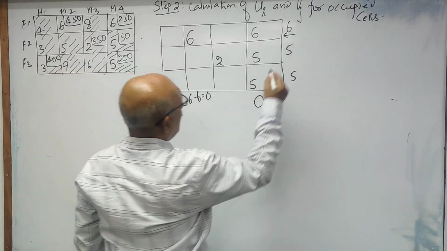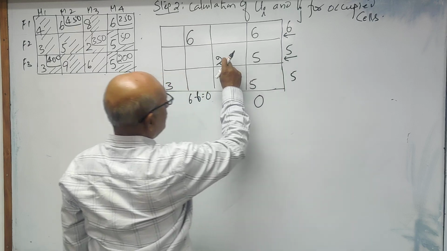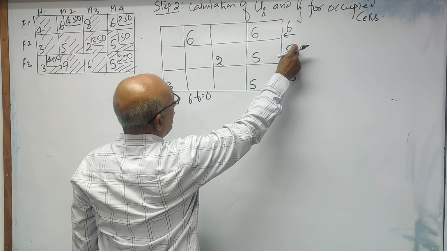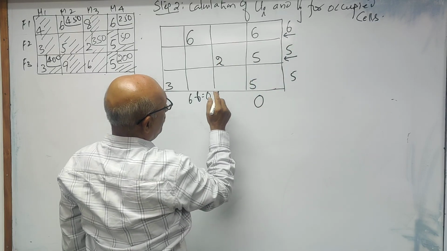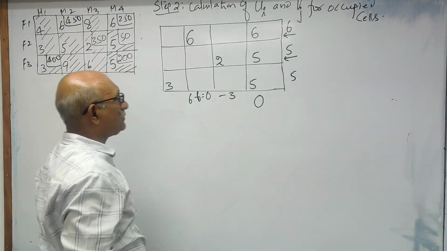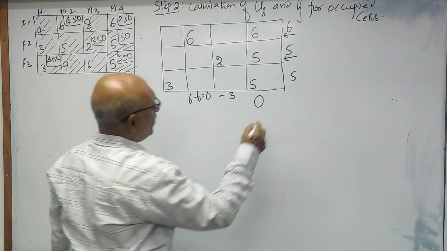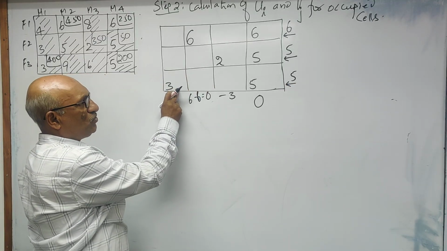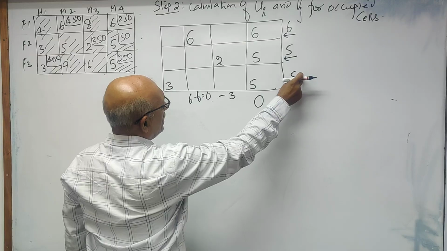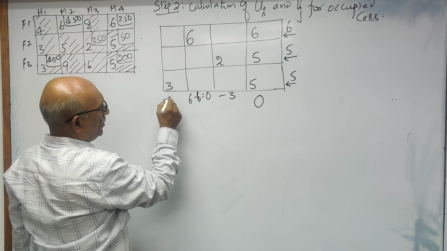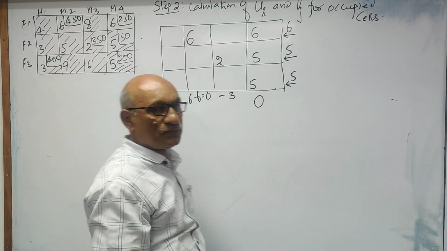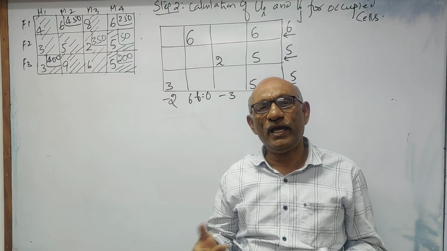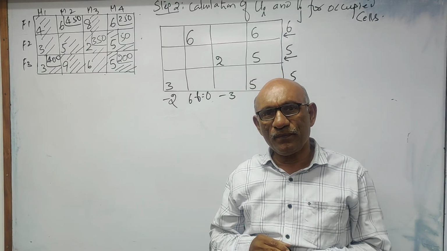Next, corresponding to this 5, there is an occupied cell. Inner value is 2, outer value is 5. 2 minus 5 is minus 3. Corresponding to this 5, again there is an inner value 3. Inner value minus outer value, 3 minus 5 is minus 2. This way, a unique set of UI and VJ values are calculated.